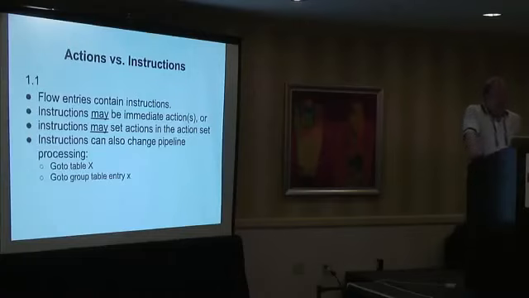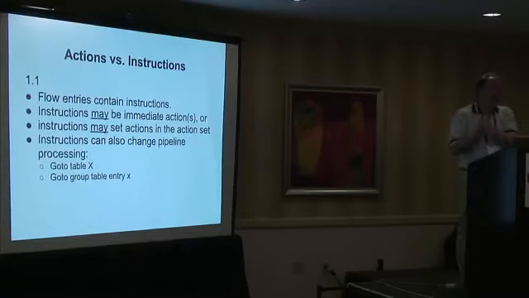Instructions may be immediate actions, like the actions in 1.0, but they can also tell the switch to do something to the packet later on. So the instructions can set things in that action set. Remember, I said there's this new data structure moving through the switch, and part of it is collecting things that need to happen to the packet before the packet leaves the switch.